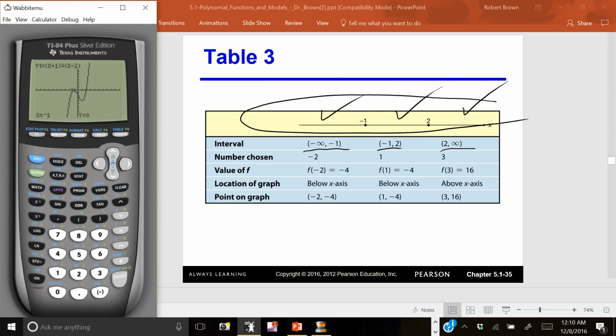Excuse me, instead of putting in minus 1, the value is obviously 0.